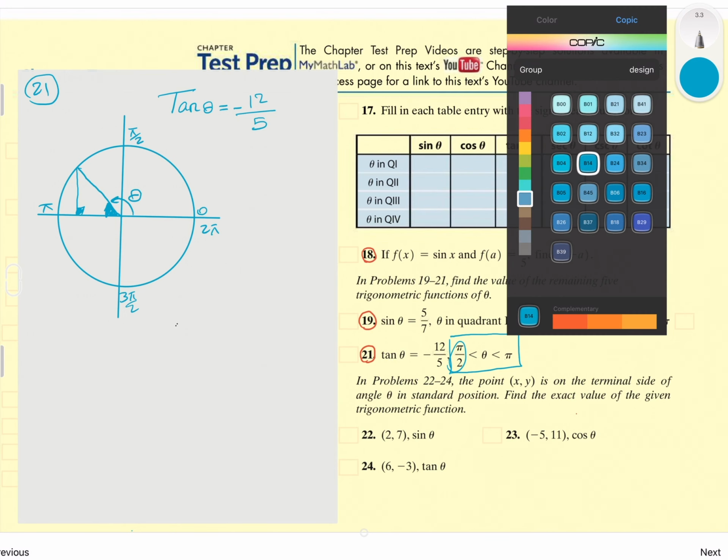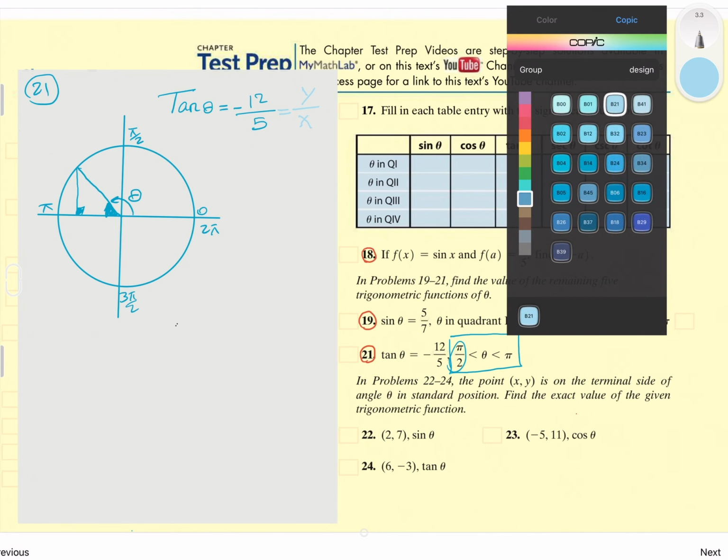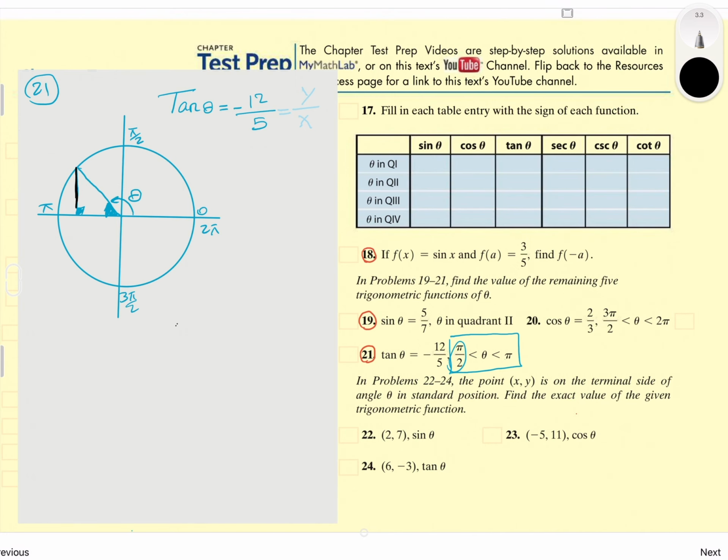In your note sheet, you have tangent of theta equal to y over x. The question has a negative here, so that means negative 12 over 5. You need to make sure that 12, which is y, is positive here, and 5, which is x, is negative.